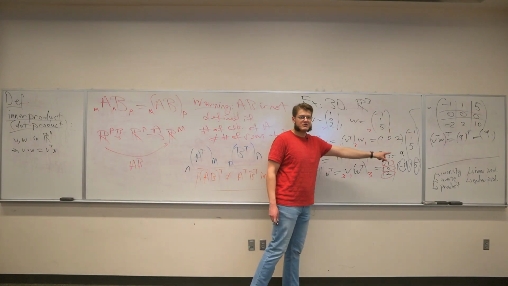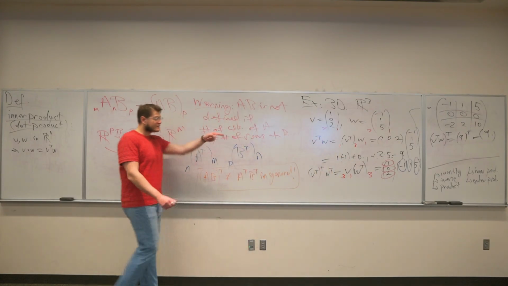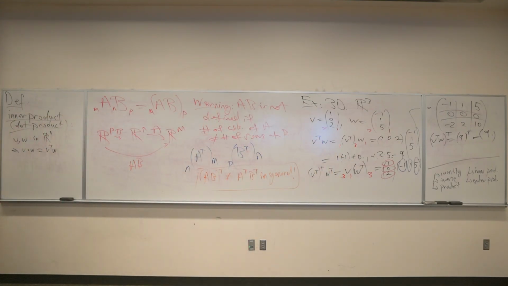It gave you a number. Later on, we're going to relate this number to the angle between these two vectors. Will the dot product always give you one constant? Exactly. It's always a number. Dot product always gives you a number. Eventually we're going to interpret it as the angle between these two vectors.